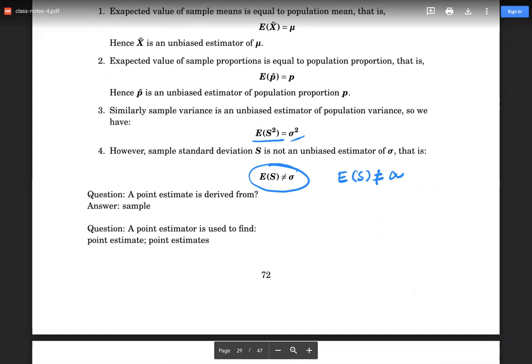So this is not an unbiased estimator. So you cannot say the sample standard deviation is representing the population standard deviation in a direct way. Okay, so this one is not an unbiased estimator. That means you can say it's biased. All right. In reality, however, we do use it.